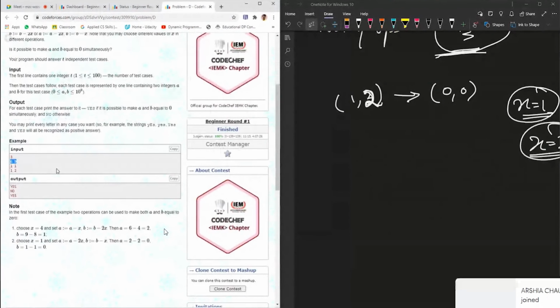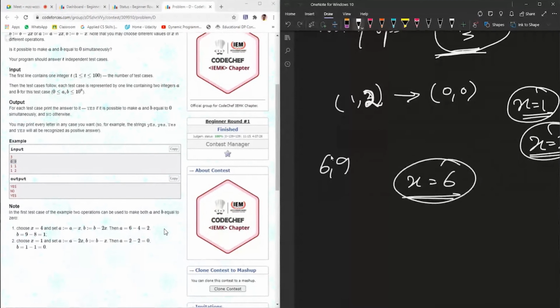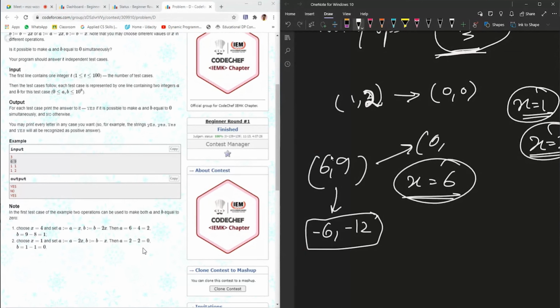Take the first test case, 6 comma 9. You want to take x is equal to 6. If you take x is equal to 6, you have to subtract from 6 comma 9 either minus 6 or minus 12. So I don't think that you will be able to convert it into 0 comma 0.